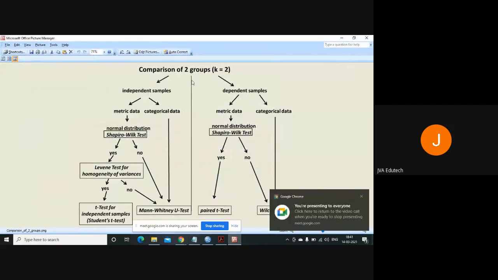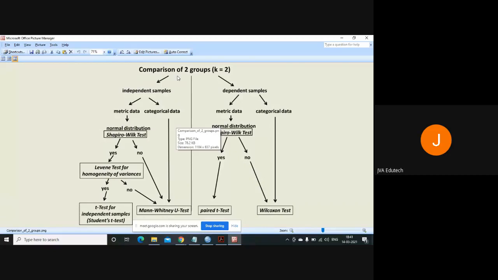So are you able to see this? Yes, sir. I'm just taking a simple example of a t-test. First, I have to choose whether to go for an independent sample t-test or a paired sample, which is known as a dependent sample t-test. Let's consider a case where I have a dependent variable and an independent variable, and my independent variable has two categories.